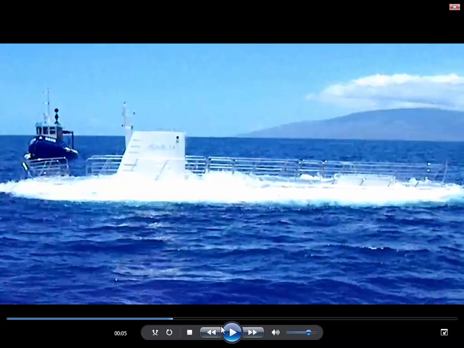When it was rising, then we know that the buoyant force is greater than the weight. So how do they make that possible? Do they increase the buoyant force or do they decrease the weight in order to get the submarine to rise?